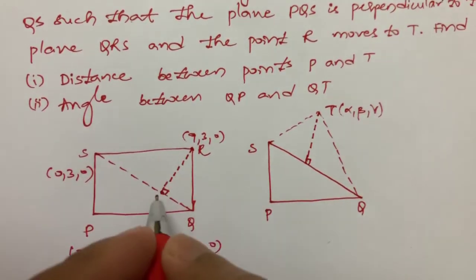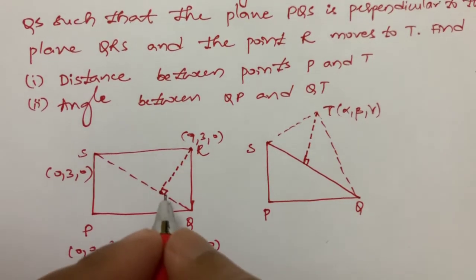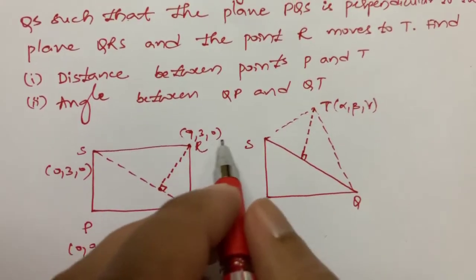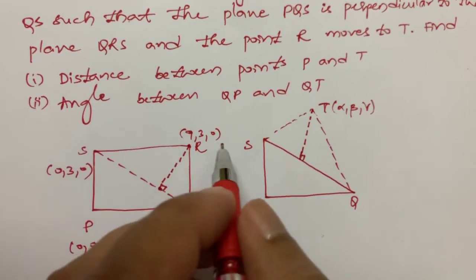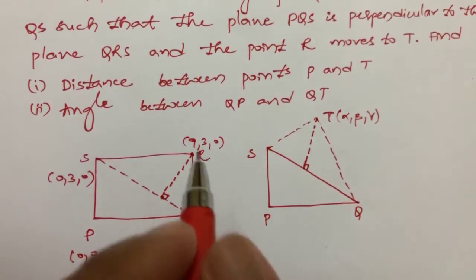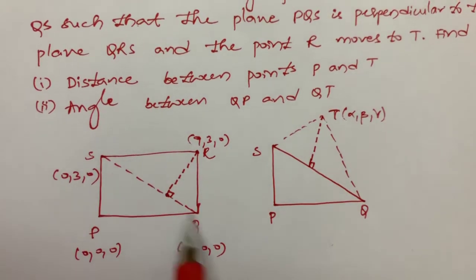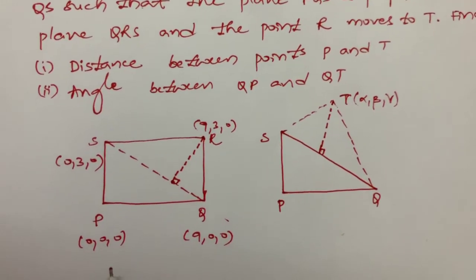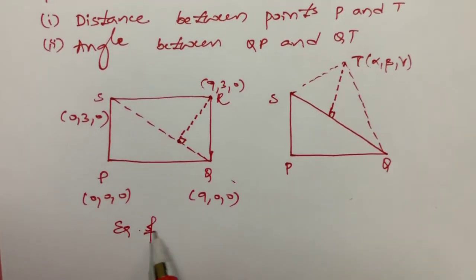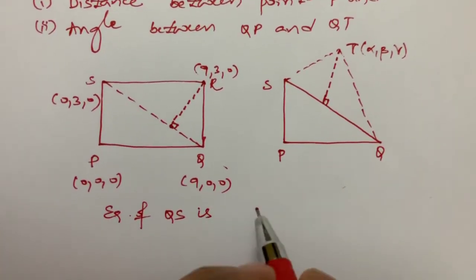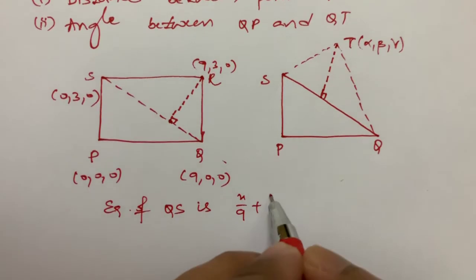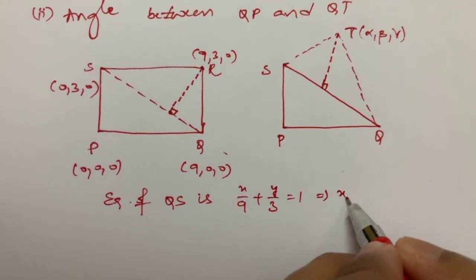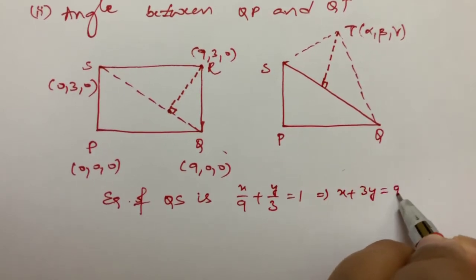So how to find this point? This point is the foot of the perpendicular from this point, right? So the foot of the perpendicular from this point we can calculate. The line equation QS we can calculate. The equation of QS is x by 9 plus y by 3 is equal to 1, so it is x plus 3y is equal to 9.